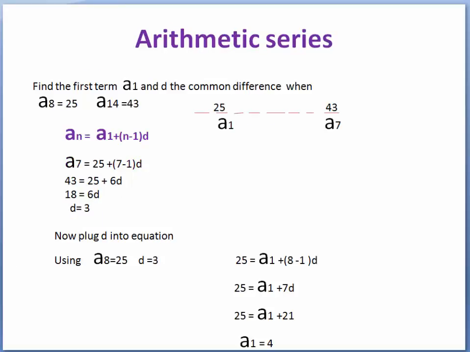Here we're asked to find the first term and the common difference when a sub 8, the 8th term, is 25, and a sub 14, the 14th term, is 43. So what we do here is we imagine this as our series. So we have 25 here as our 8th term and 43 as our 14th term.